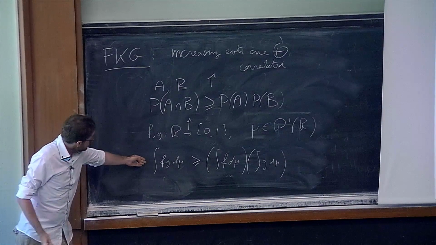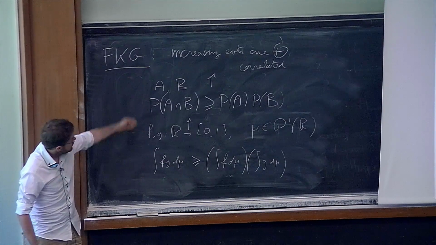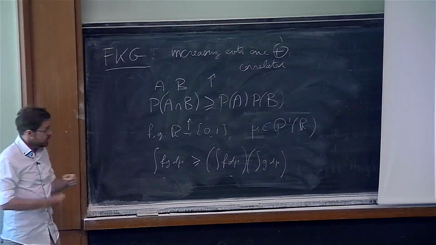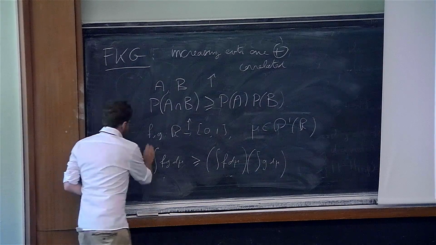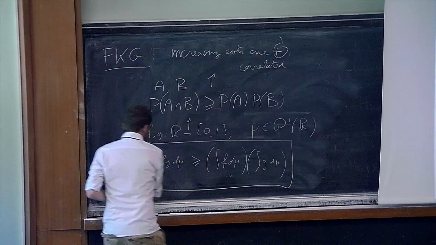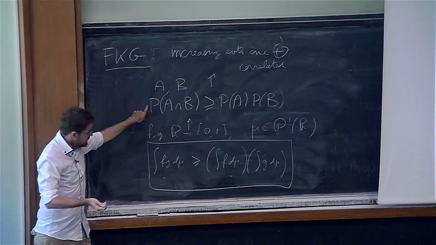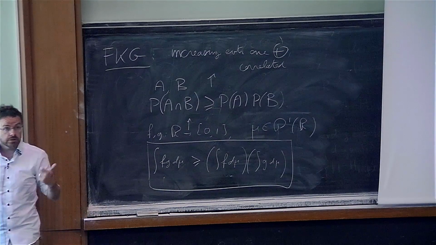So this is the baby version of the FKG inequality. It's the case where there is only one totally ordered space, but it's a nice inequality. And this is just a generalization of this by tensorization and something.